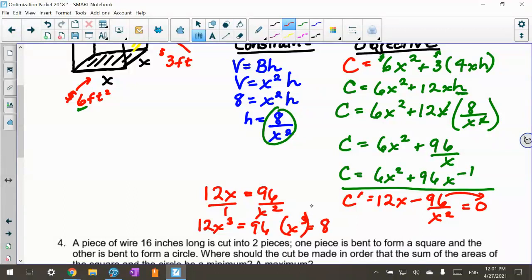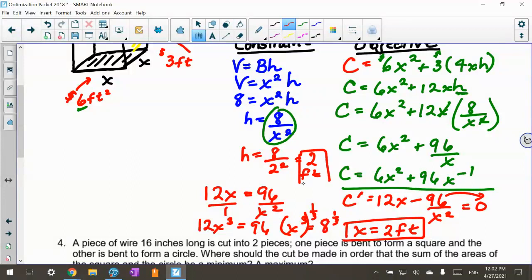Raise each side to the 1/3. I get x to be 2, and I think we're talking feet. So I think that the base is going to be 2 by 2. All right. So I'm going to plug in the height. So 8 over 2 squared. And the height is also 2 feet. Well, that's interesting. This is a total cube.